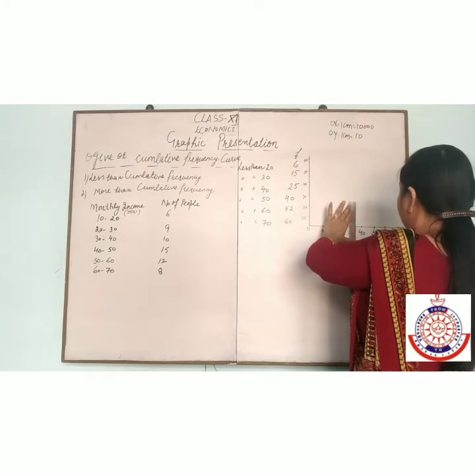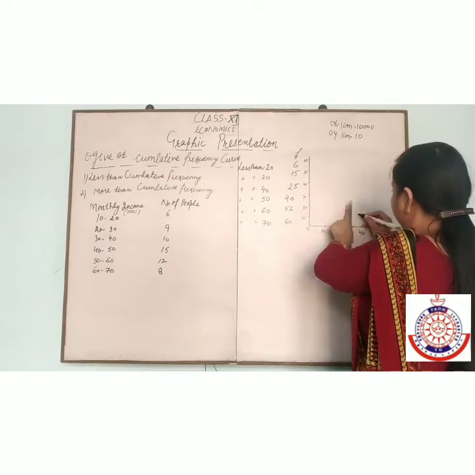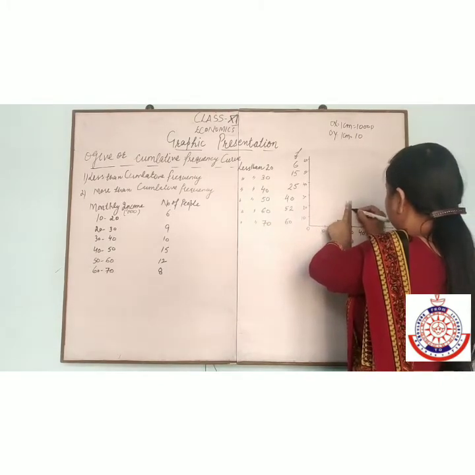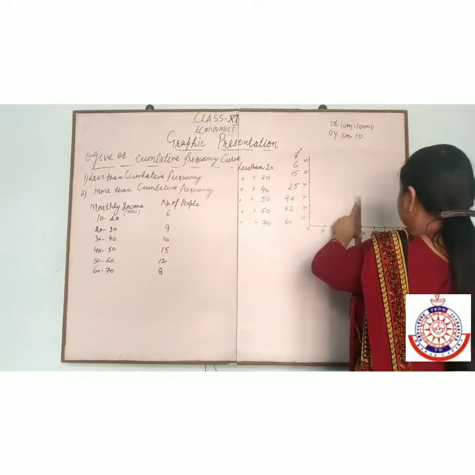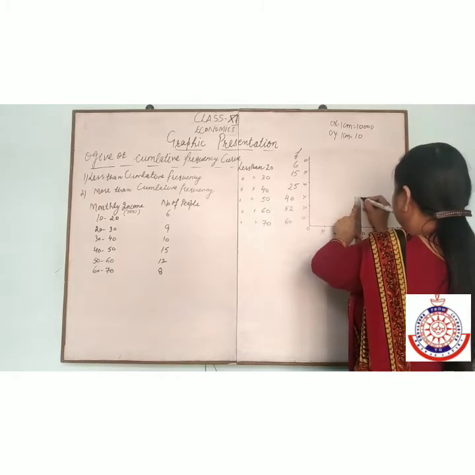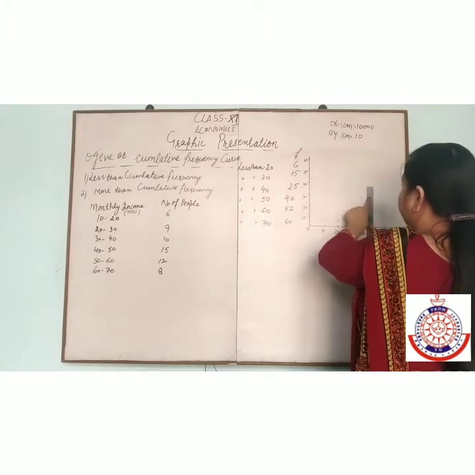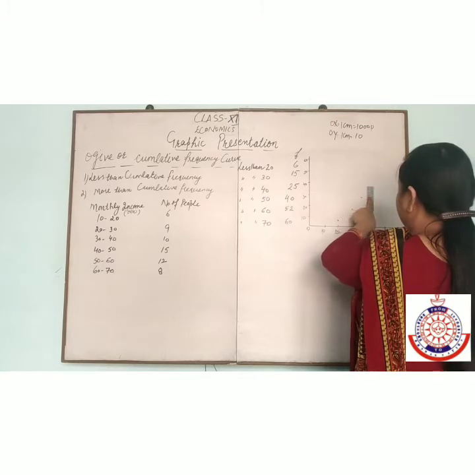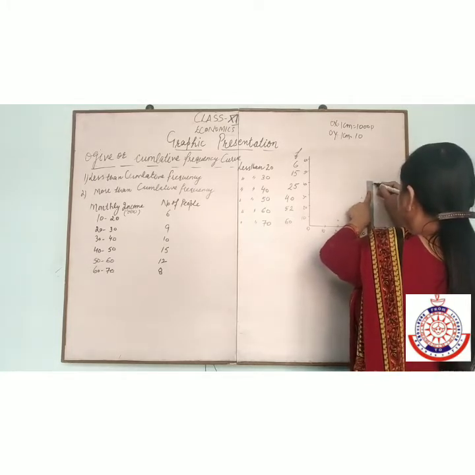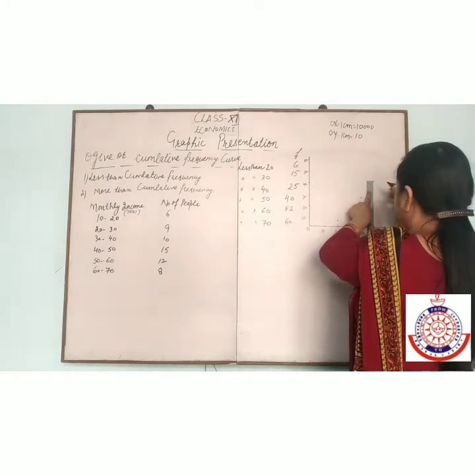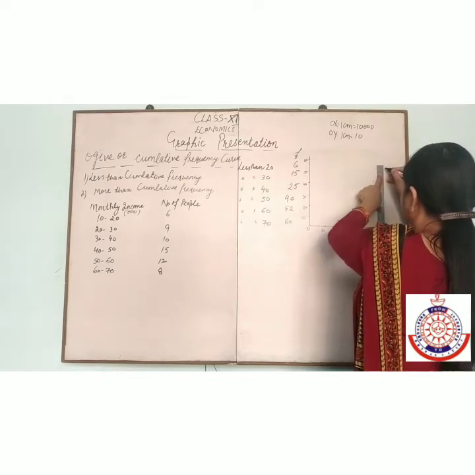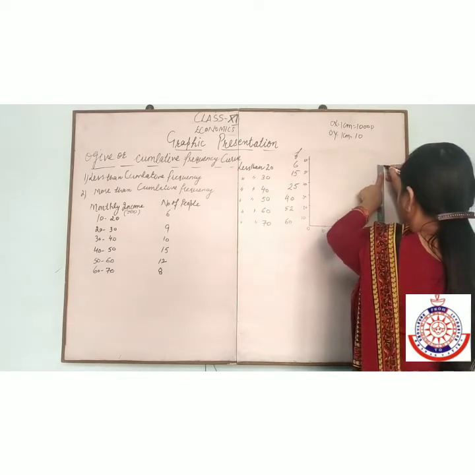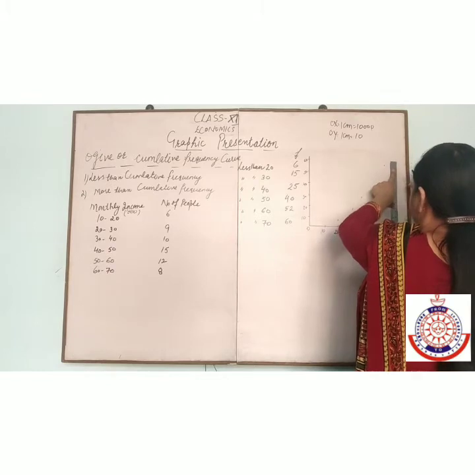Less than 30, 15. Less than 40, 25. Less than 50, 40. Then 52. And last is 60.